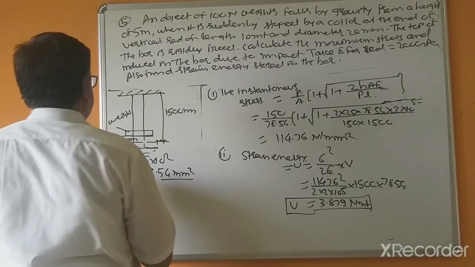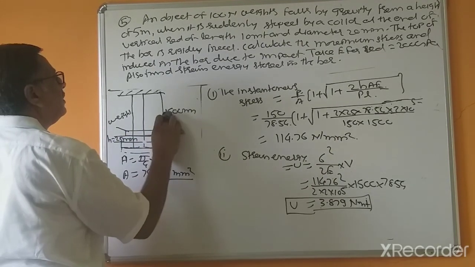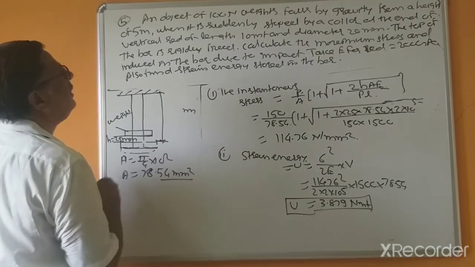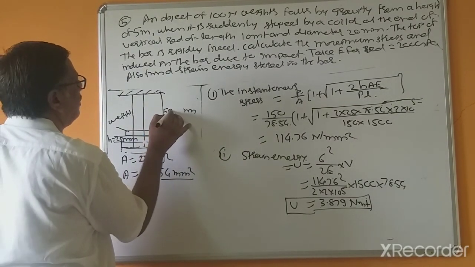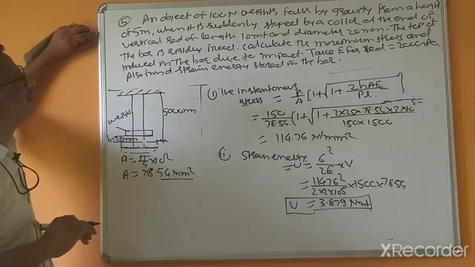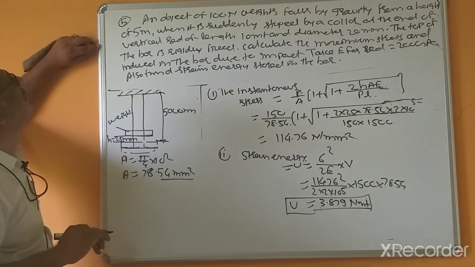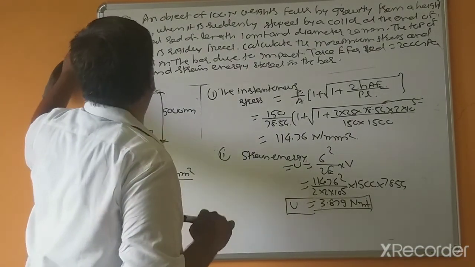So here I'll erase this. H equal to 5 meters, from a height of 5 meters.